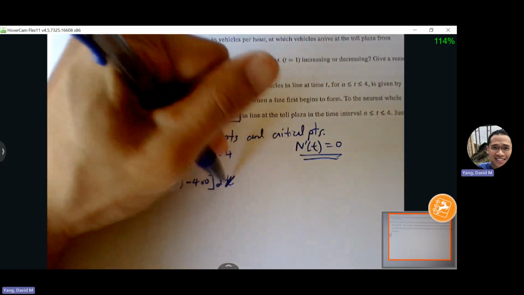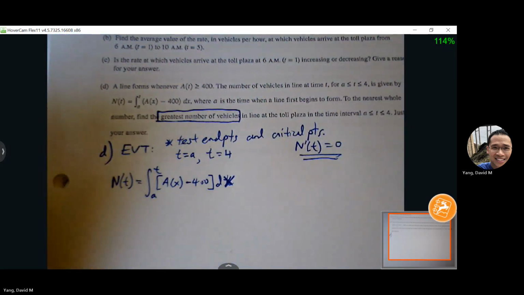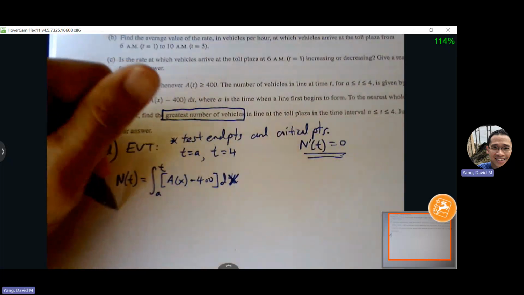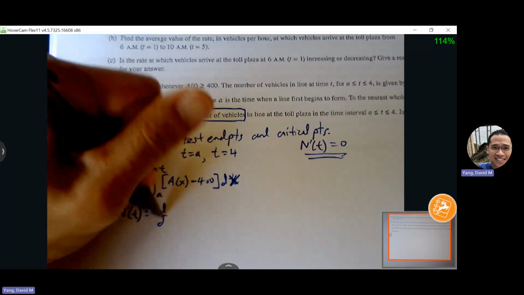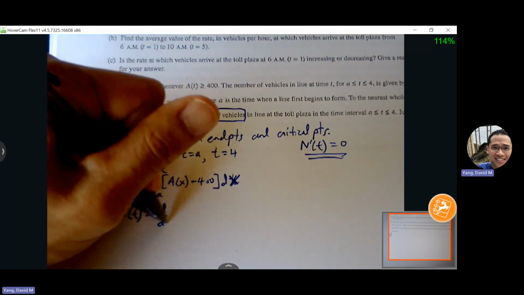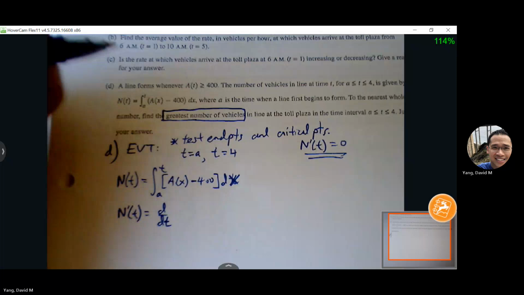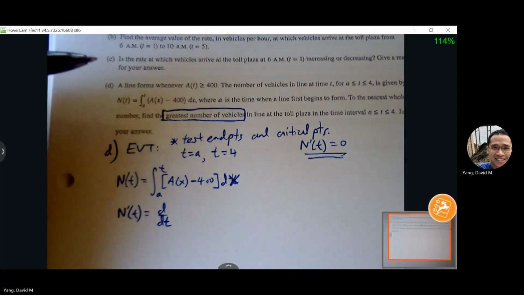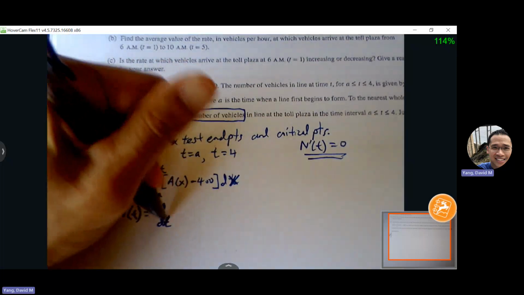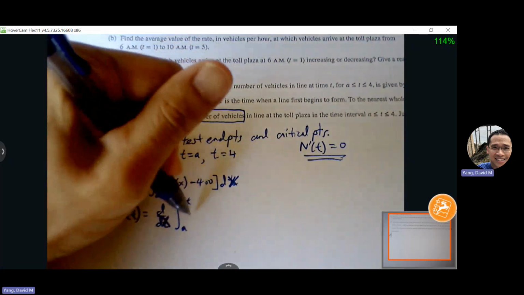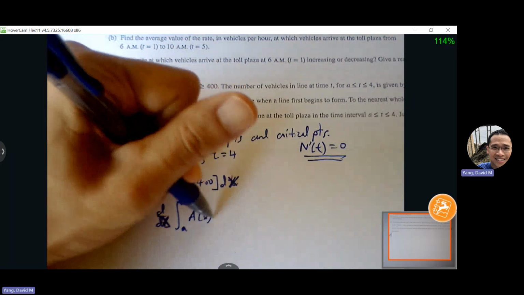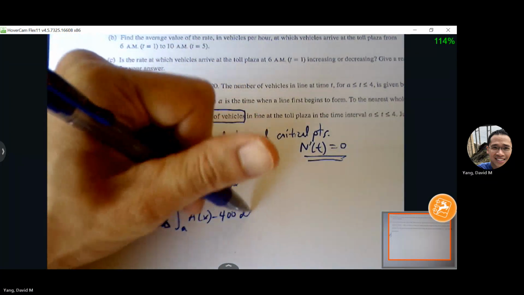If I want to find the derivative, n prime, I know I have to do d over dt, or d over dt of the integral from A to t, A of x minus 400 dx.